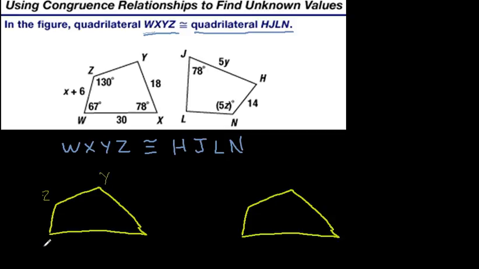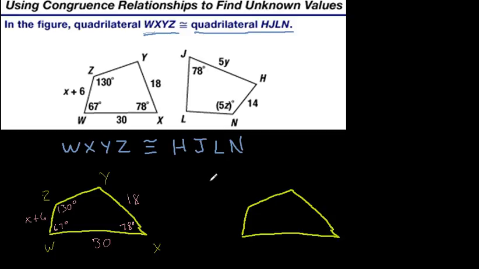So Z, Y, W, and X. Now I know that this side is x plus 6. I've got a 130-degree angle, a 67-degree angle, a 78-degree angle, and I know this side length is 30, and this length is 18.